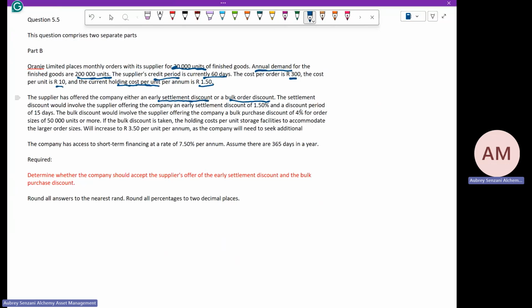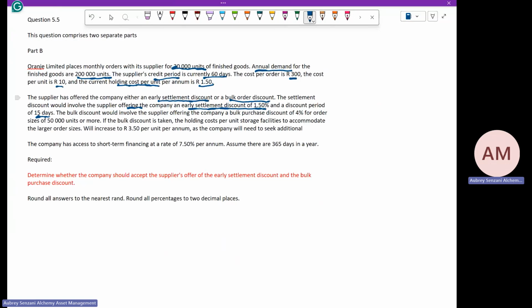The settlement discount would involve the supplier offering the company an early settlement discount of 1.5% and a discount period of 15 days. So basically, we need to pay our account within 15 days in order to get this 1.5% discount.